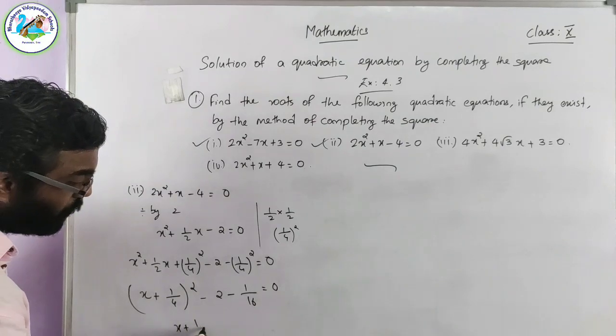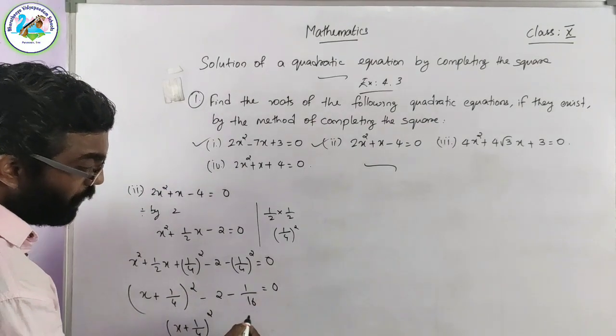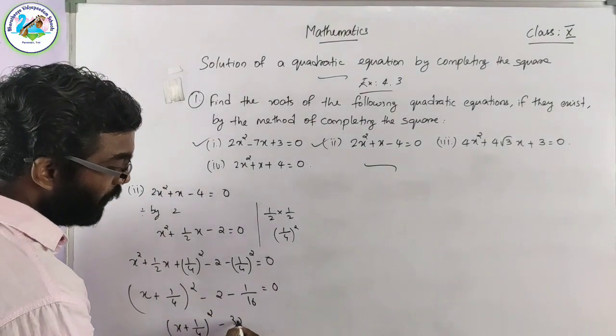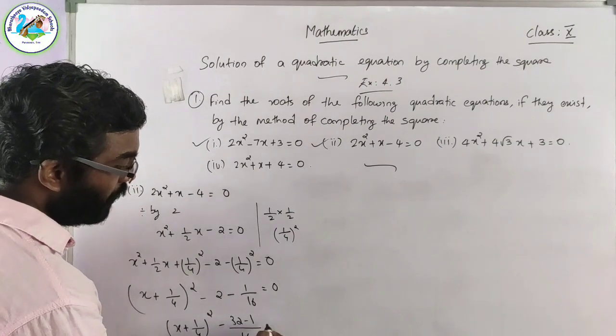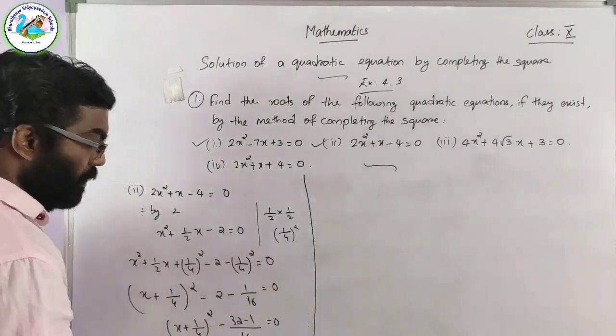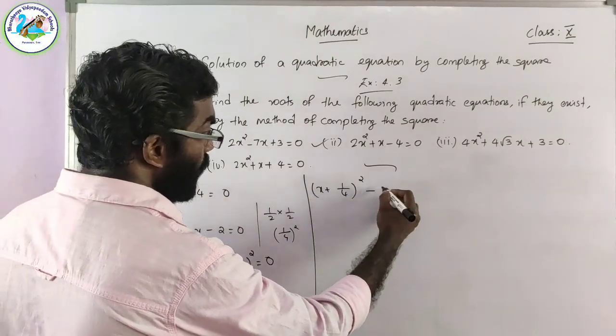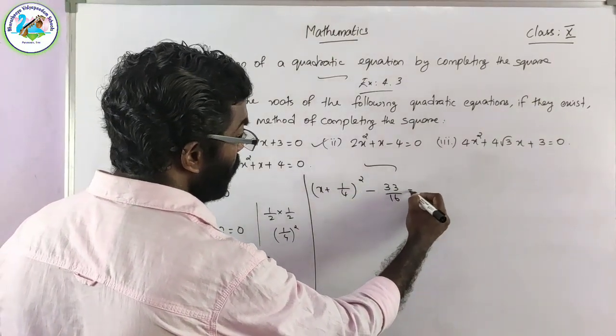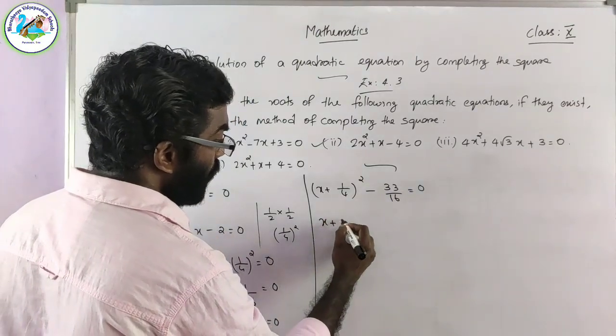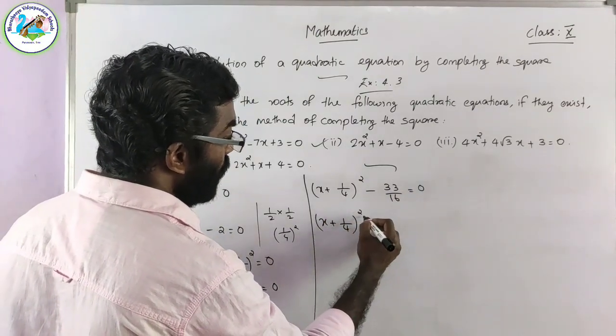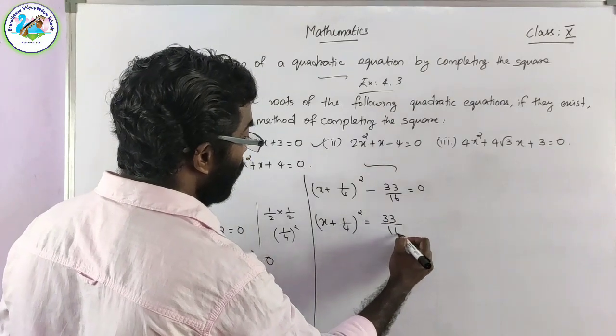That is x plus 1 by 4 the whole square. Here we can cross multiply. Minus 32 minus 1 divided by 16 is equal to 0. So x plus 1 by 4 the whole square minus 33 divided by 16 is equal to 0. That is x plus 1 by 4 the whole square is equal to 33 by 16.